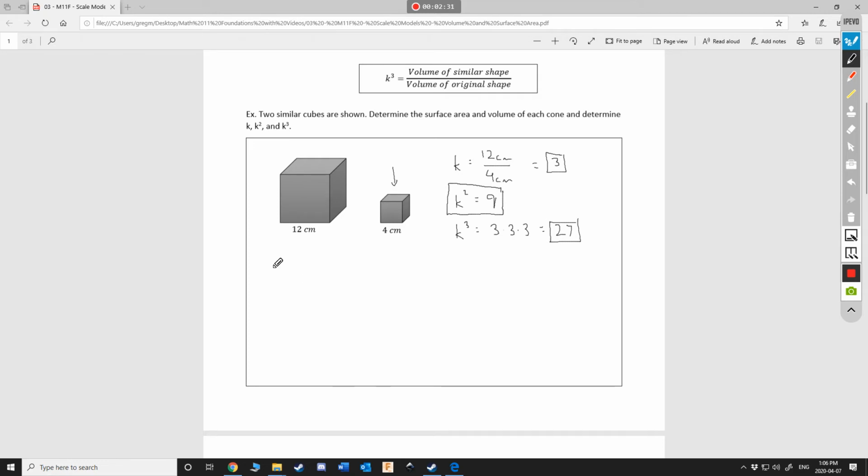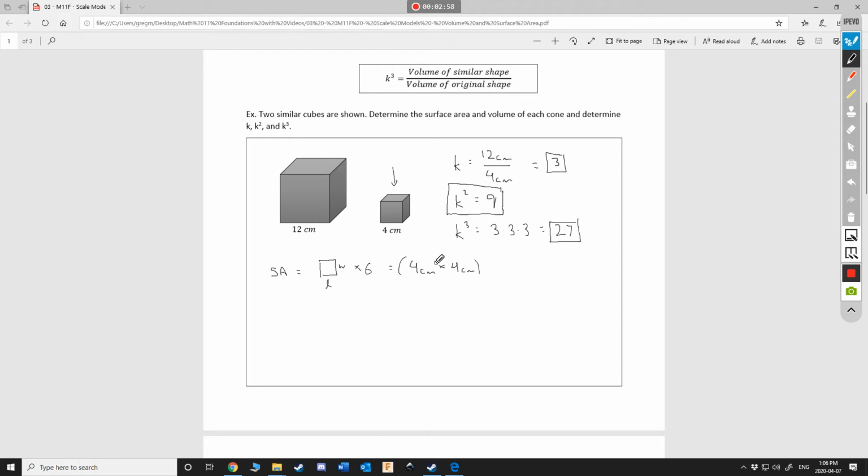So surface area for a cube, well, for one square, it's length times width, right? But how many faces? There's 1, 2, 3, 4, 5, 6 faces. So if I can find the area of one square and multiply by 6, that will give us the surface area of a cube. So I say, okay, 4 centimeters multiplied by 4 centimeters. That is the area of one face.